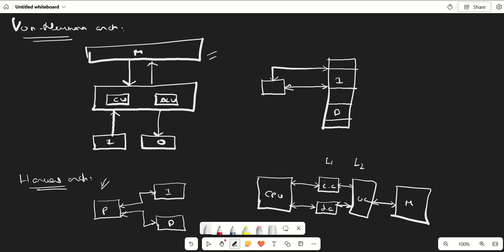As you can see, this is a more feasible and cost-effective architecture, which can remove the bottleneck of the Von-Neumann architecture to some extent.